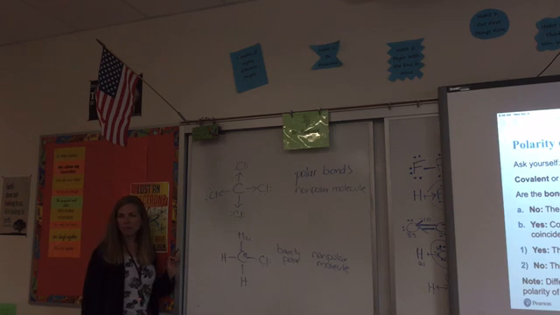Without knowing the numerical values, how are you supposed to know if it's polar? Position on the periodic table. Well, some of it's funky around fluorine. What do you mean? Like it could be 3.5 for oxygen, but 3 for chlorine, and then 2.5 for S. So, are you just supposed to memorize?